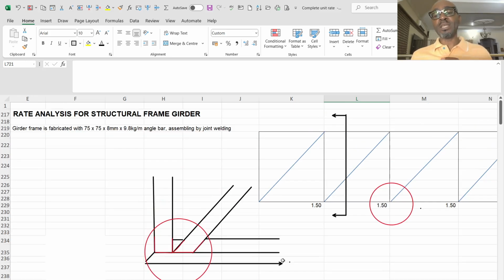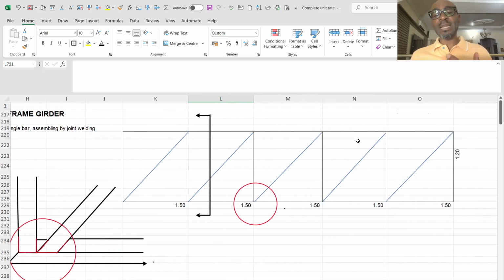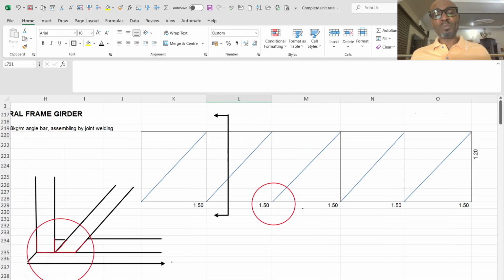It is assumed that this girder is 20 pieces, fabricated in this form. So what we need to do first is to compute the quantity for one, then we multiply by 20 to give us the total tonnage of what we're expected to fabricate.